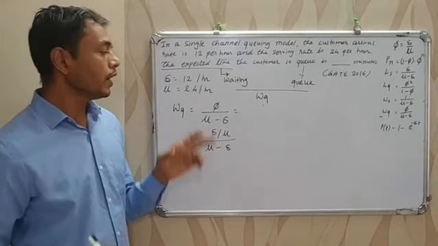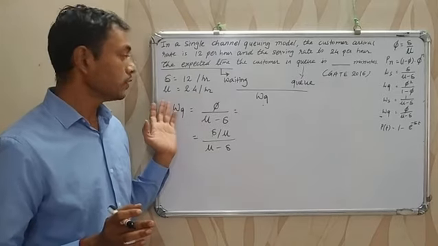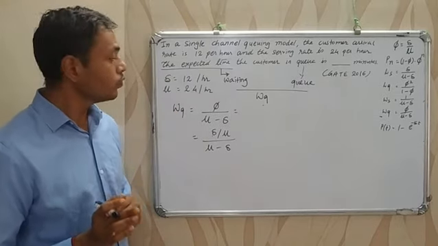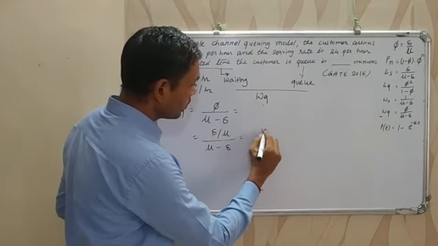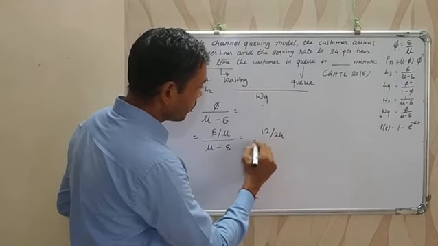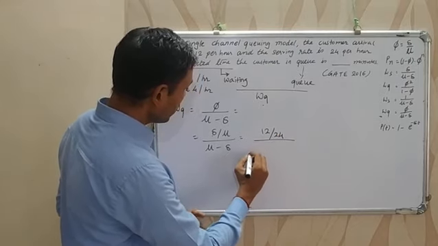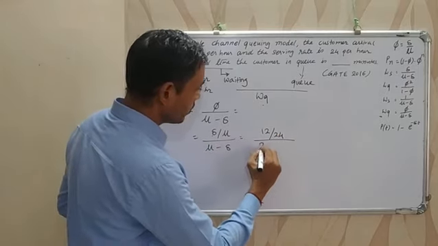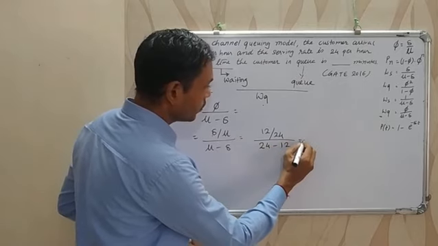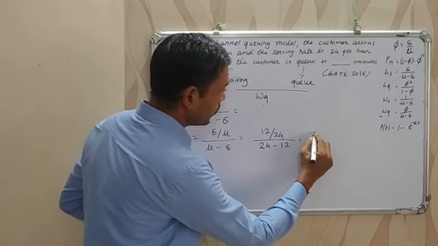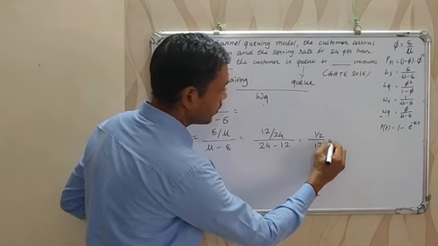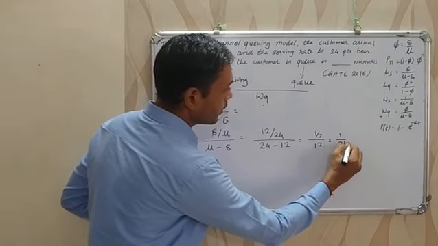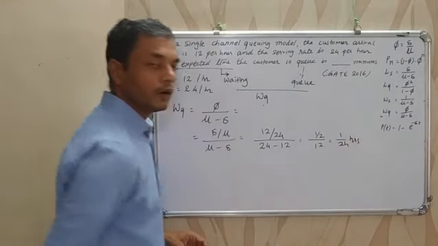So we know that the arrival rate is 12 and the service rate is 24. So put in these values. Delta is equal to 12 divided by 24, divided by mu minus delta, that is 24 minus 12. So it is equal to 1 by 2 divided by 12, so it is 1 by 24 hours.